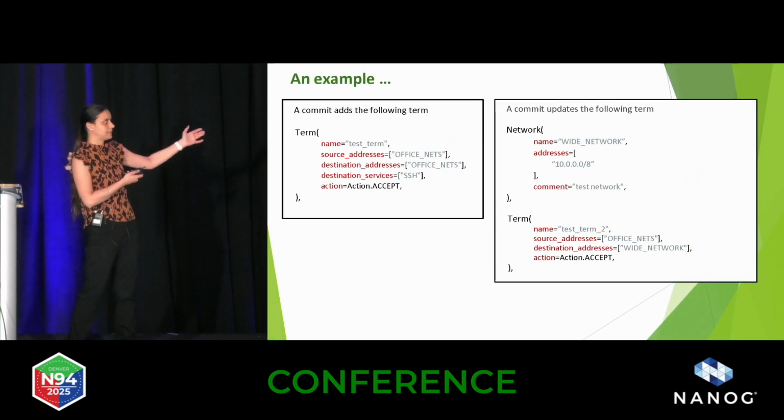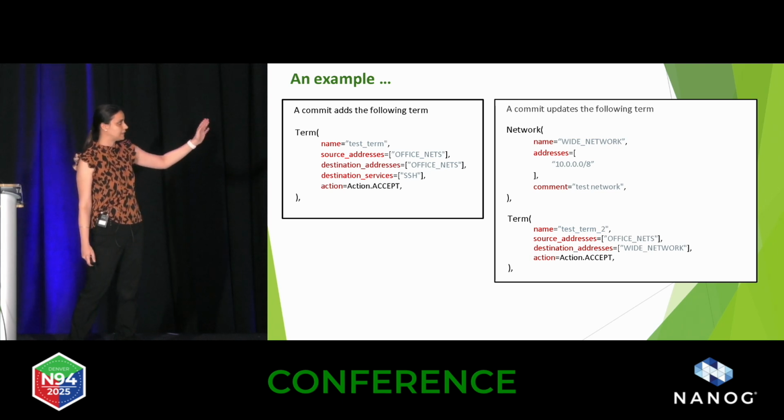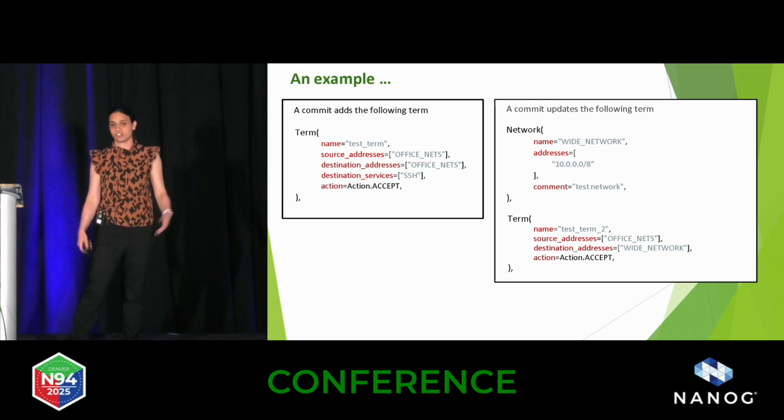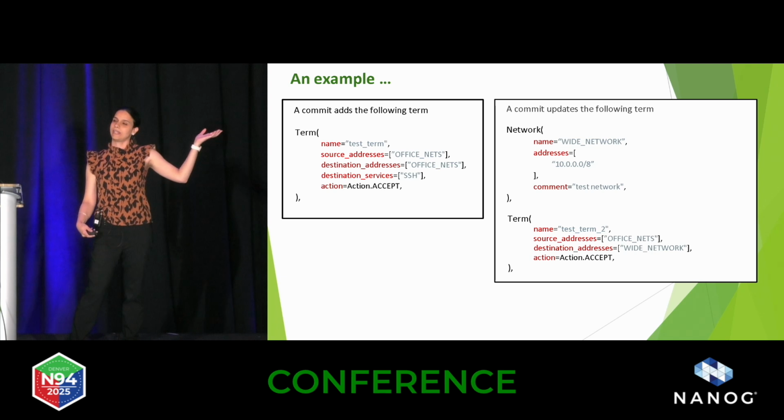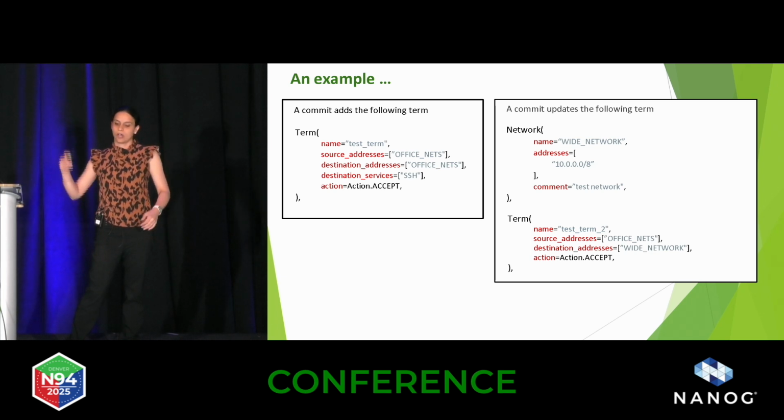This is the sort of Capirca change that is being made. On the left is a term that is adding a destination service, which is SSH. SSH for us is a high-risk port, or a high-risk service. We automatically tag this change as high risk. On the right-hand side, we're trying to add a network to a term. This network is a /8 network.